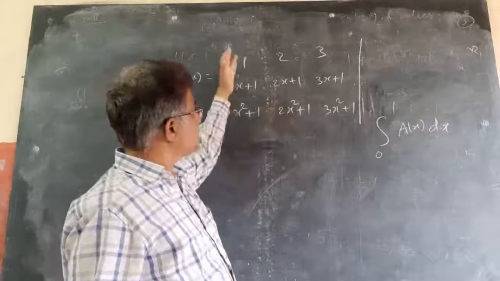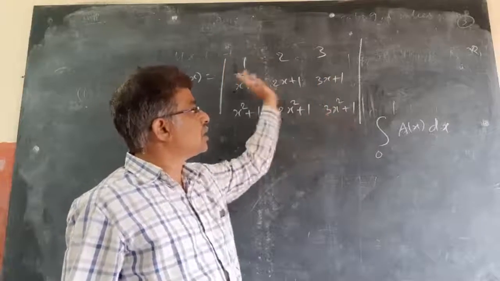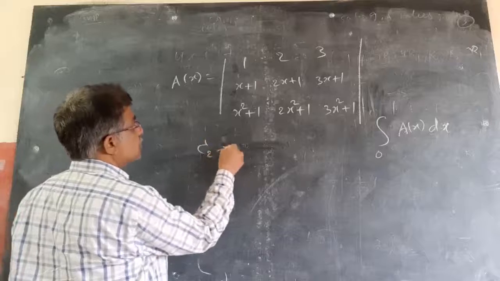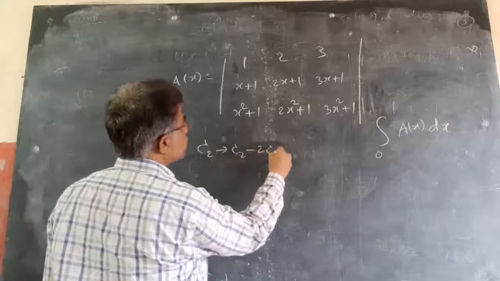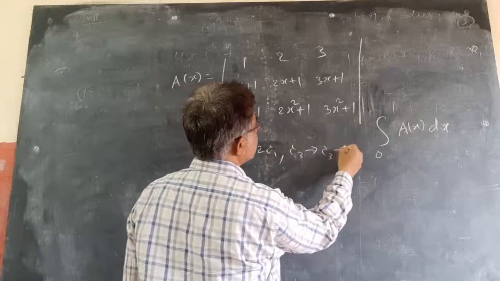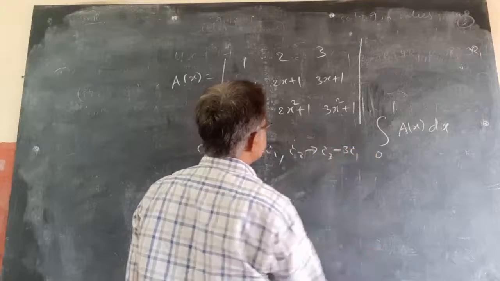And again this into 3 minus this gives you same. So I am going for column operations. C2 tends to C2 minus 2C1, C3 tends to C3 minus 3C1.